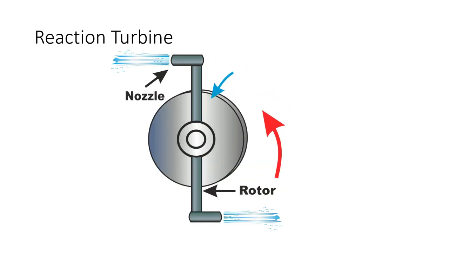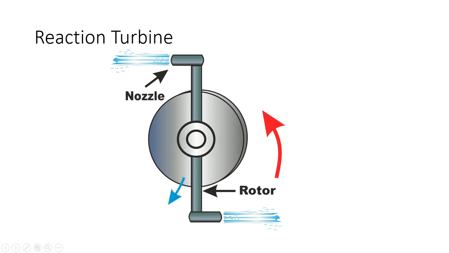While your reaction turbine will work on Newton's second law. The way the fluid is exiting out of the turbine matters. If you look in here, the fluid is passing through the turbine.